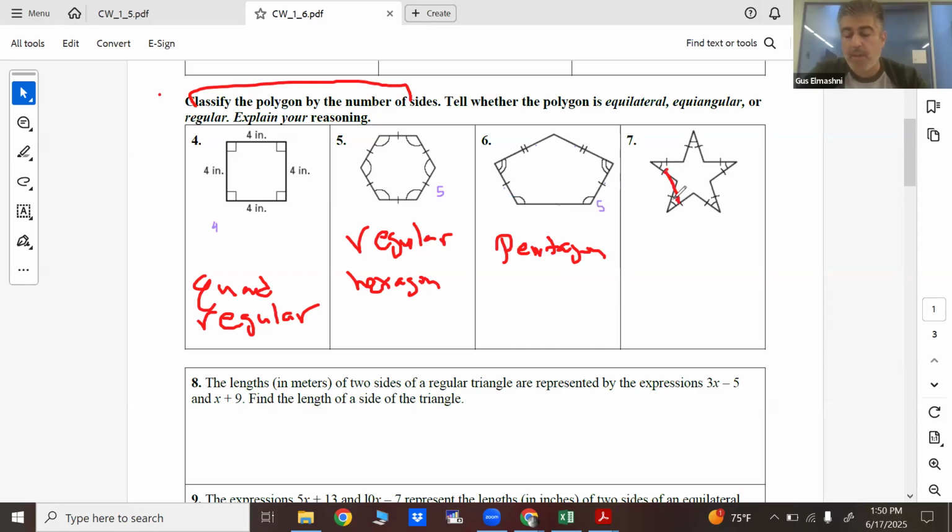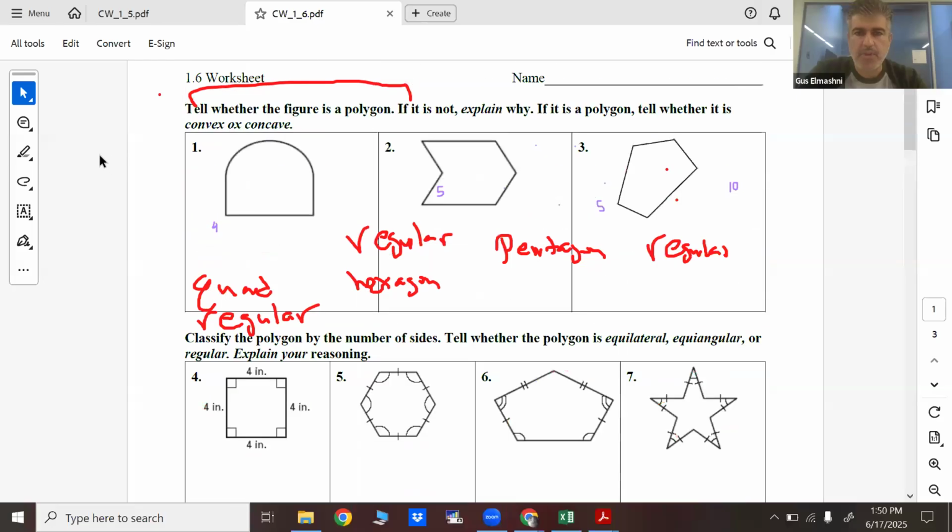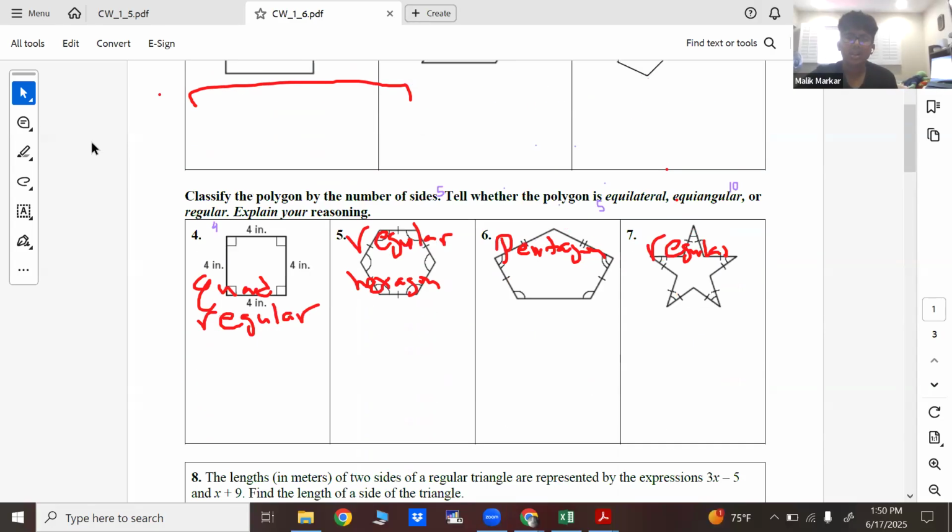Actually, sorry, it is a polygon. It's just concave. And it's definitely not regular. It's kind of weird.